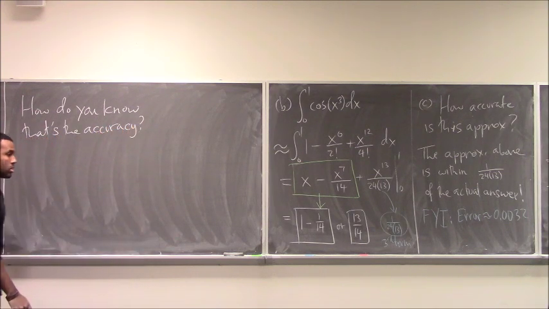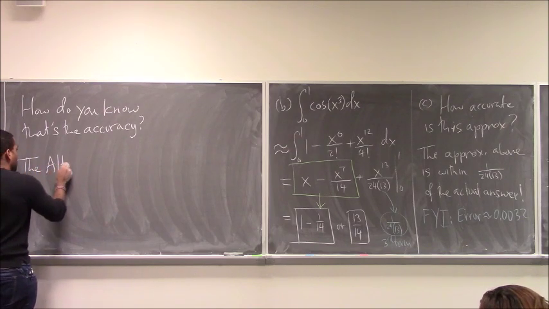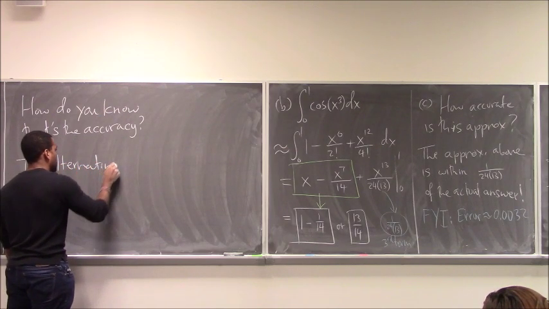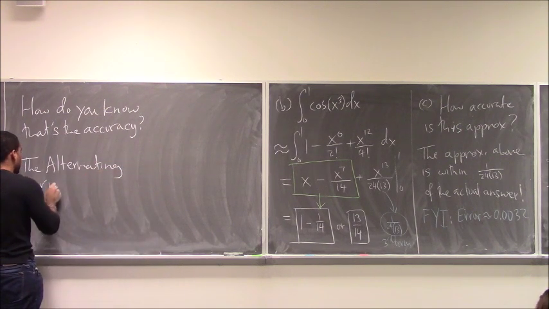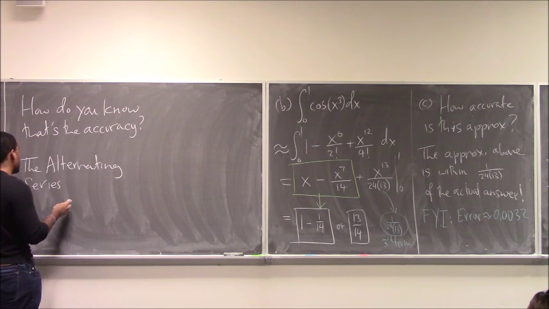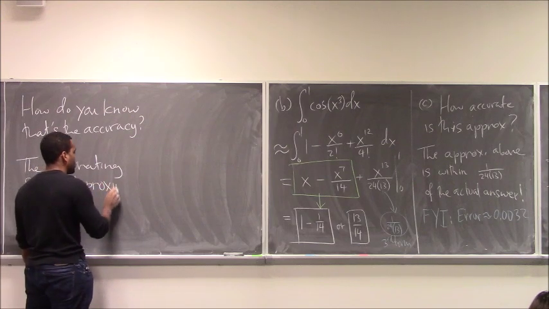The alternating series approximation. The answer is an alternating series. There was a -1 to the n. So we just use one of our estimation techniques. The alternating series approximation theorem is what it is.